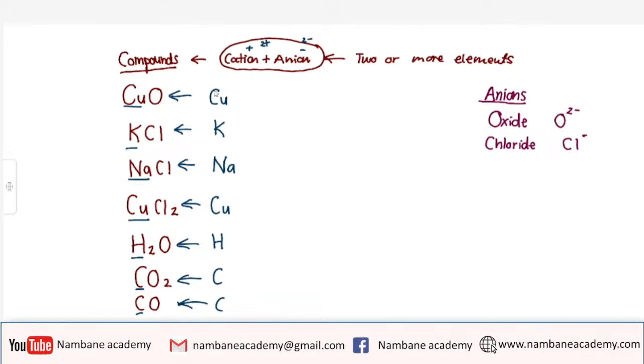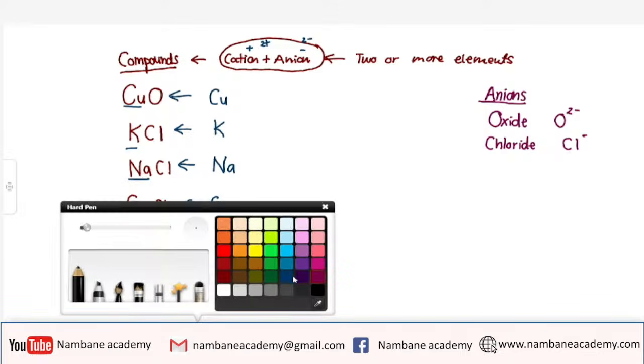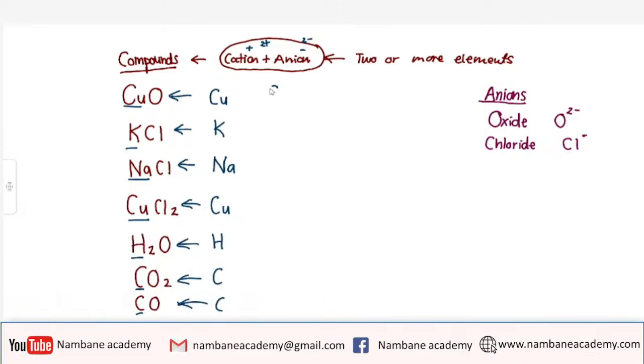So for example, we know that the oxide is -2. So -2, it must balance. There must be the same number of negative and positive. So it means then that if your oxide is -2, the copper cation is going to be +2. See?